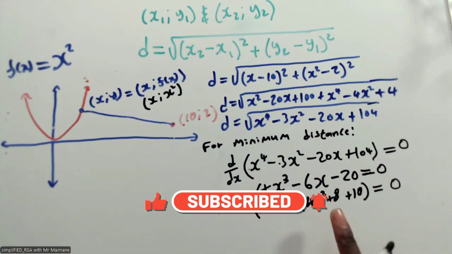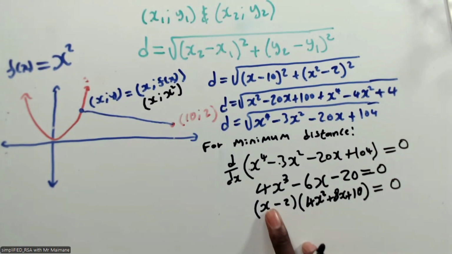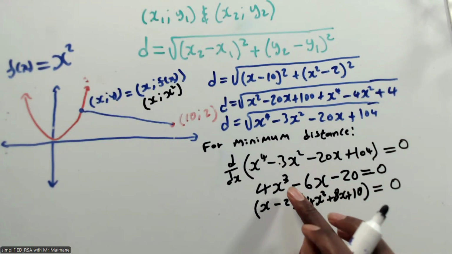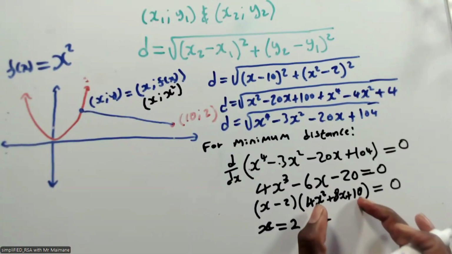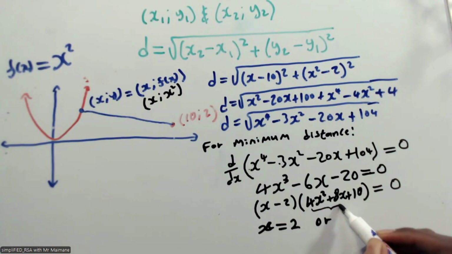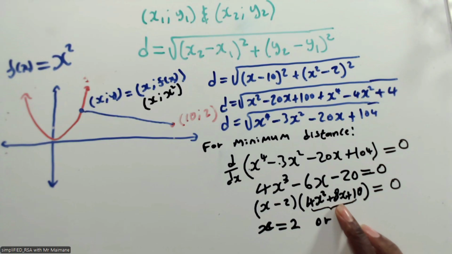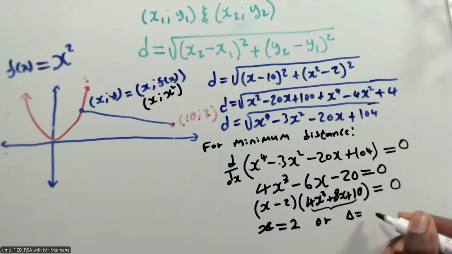Because positive 8x, when I multiply it by that x, is going to be 8x squared, but then it's going to cancel with the x squared that I get from here, in order to give me a 0 there. Meaning my values of x are x equals 2, or whatever I will get from that quadratic here. If you try to factorize this part, you will see that there are no roots for this one, even if you use the quadratic formula, because it has a square root of a negative number.